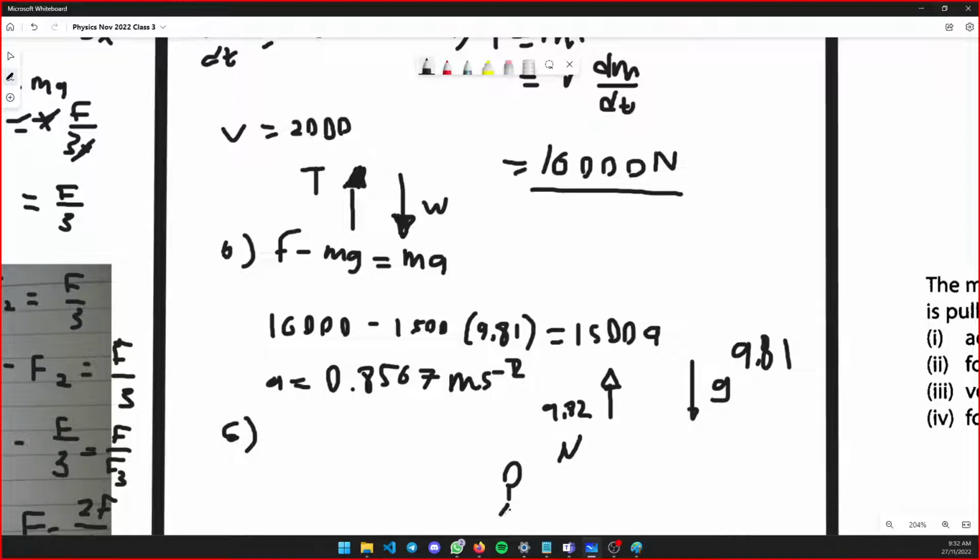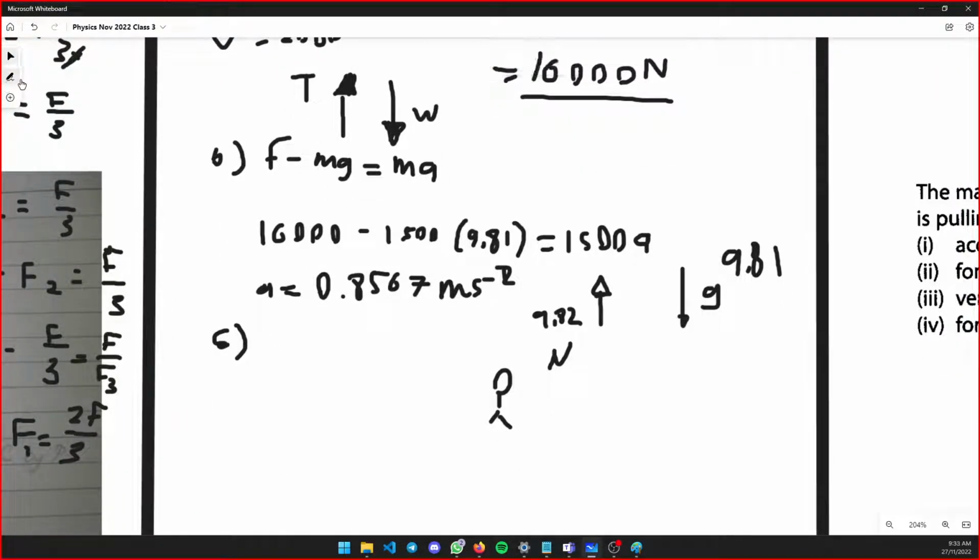Okay, this is you. This is Dharani. This is the ground. Dharani is actually flying away from the ground.